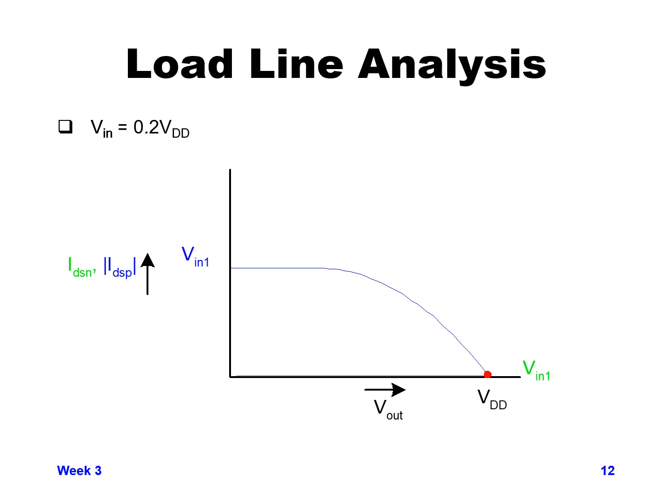The blue Vn1 line from the previous foil was fairly high current most of the way and then tails off toward 0 current near the end. So here you can see the intersection between those two curves is a little bit higher current than 0, but the voltage is still pretty close to VDD. So at Vn equals 20% of VDD, Vout is going to be pretty close, 90%, 95, 99% of VDD. It's pretty close to VDD.